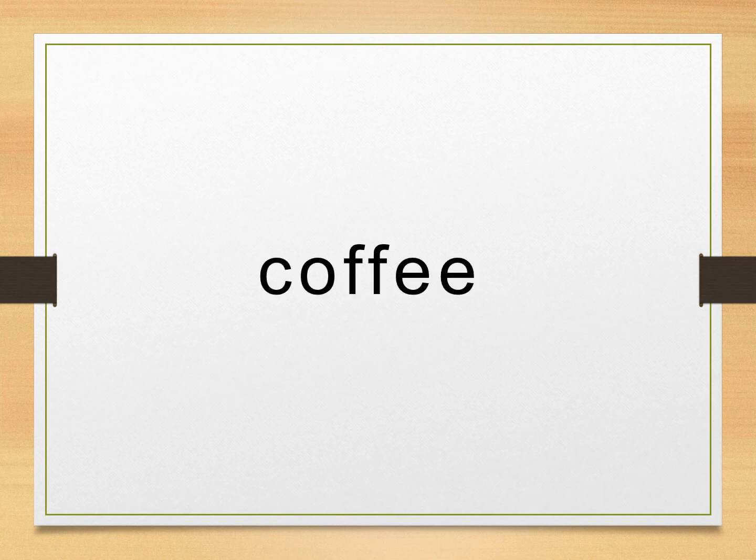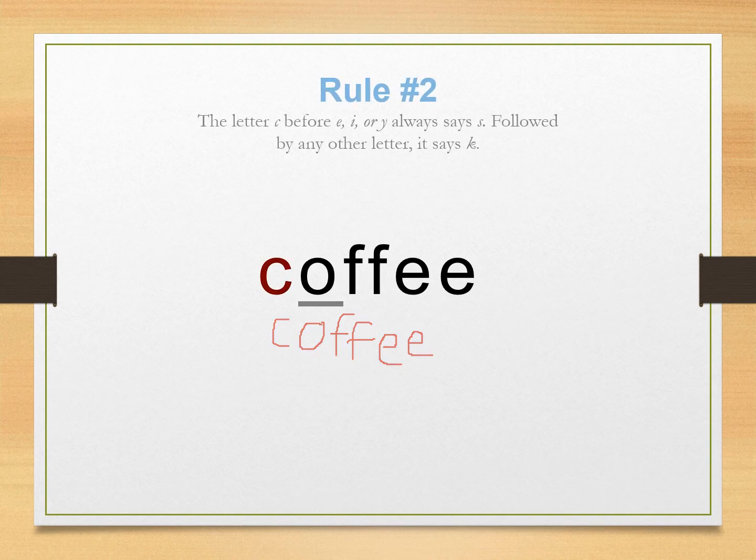This word is coffee. Say the sounds as you write it. K-A. Coffee. Rule 2.